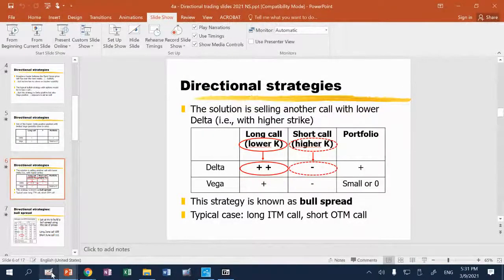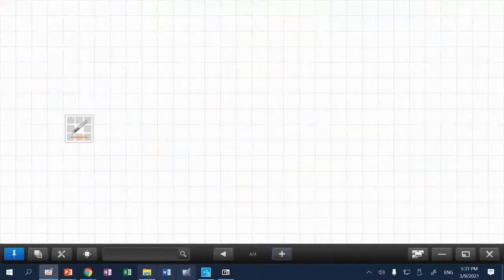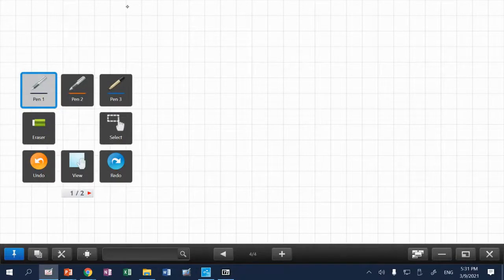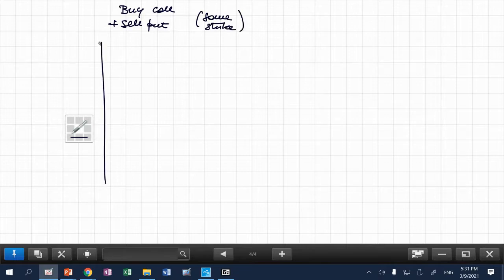For a pretty understandable reason, which is the following. Imagine what you obtain if you buy a call plus sell a put. Let us consider first the case in which you have the same strike. Just graphically, this is the effect of buying a call.